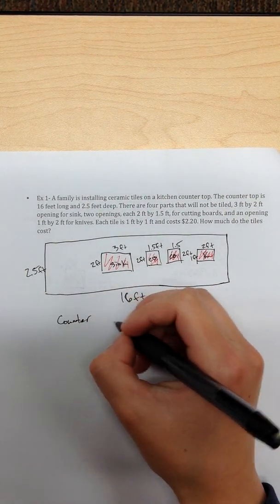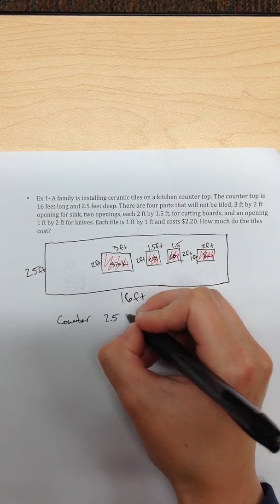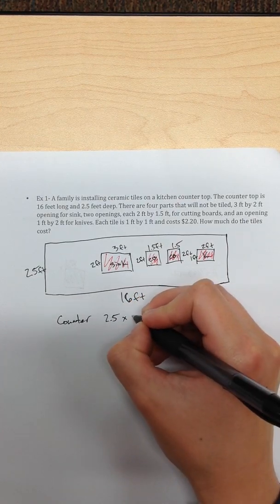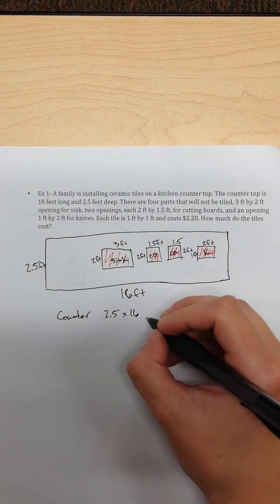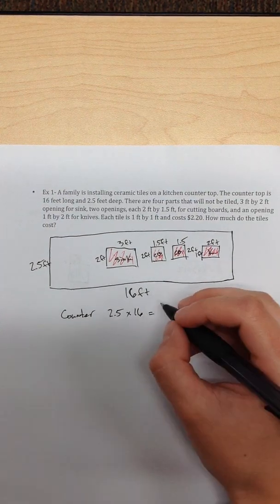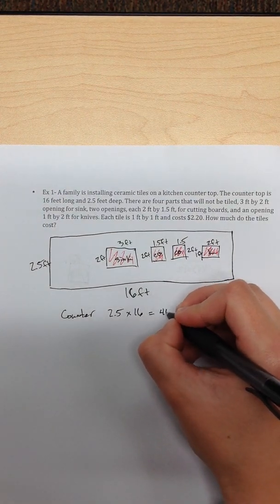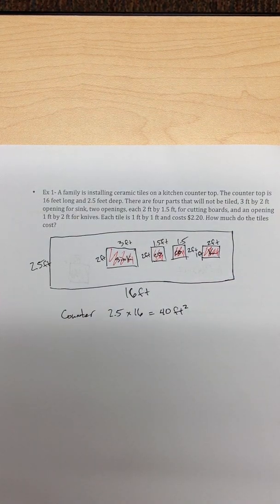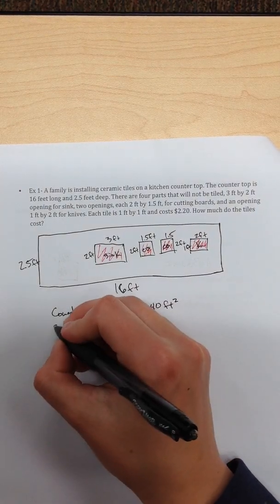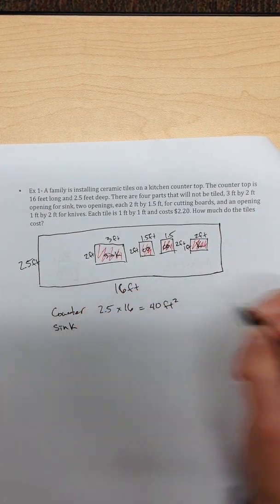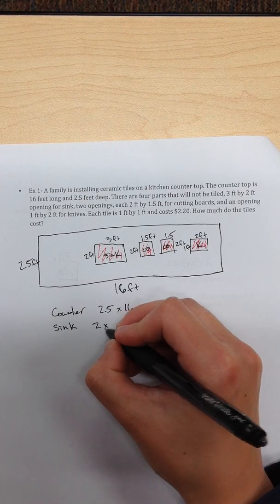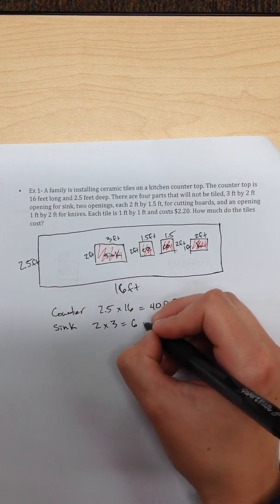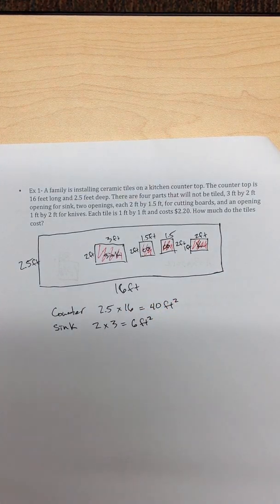So my area of my counter would be 2.5 foot by 16 foot. So if I multiply those out to find the area, it would end up being 40 square foot. And then let's do the sink next. So now our sink is 2 by 3. Well, that comes out to be 6, so 6 feet squared.